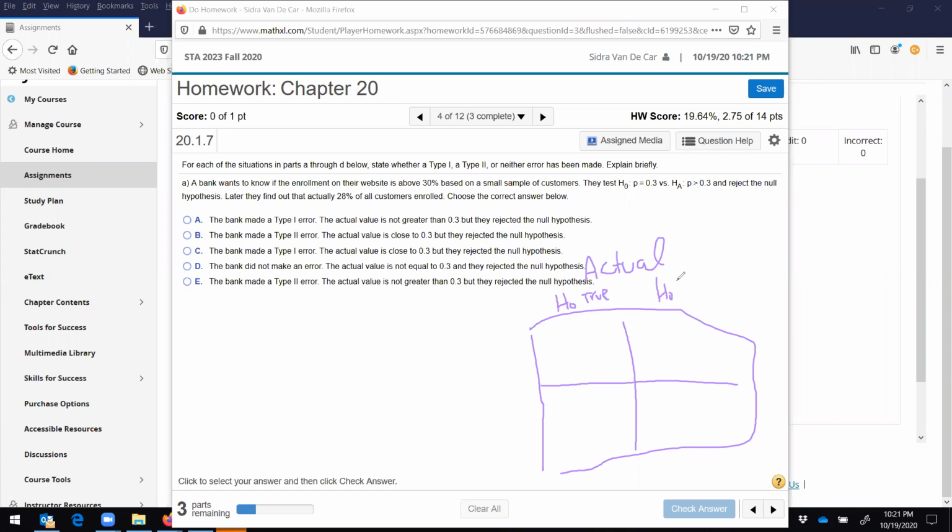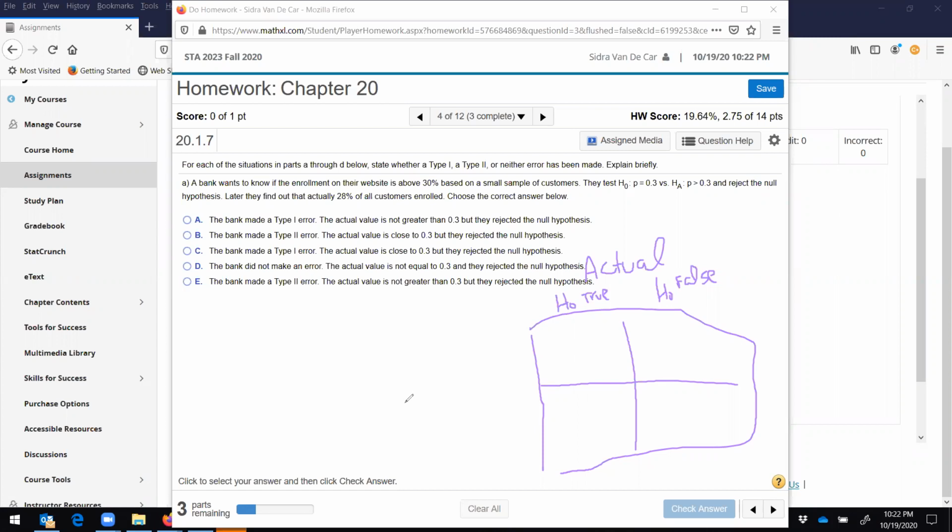Now, we don't actually know which is the case, but it's got to be one of the two. Because this is basically saying either 30% of people or above 30% of people use the bank. There's no fluctuation about it. The true value is some true value, okay? So either it's 30% or it's not.